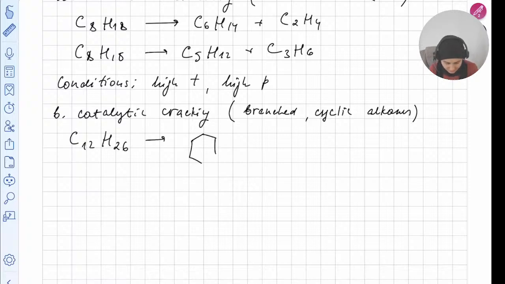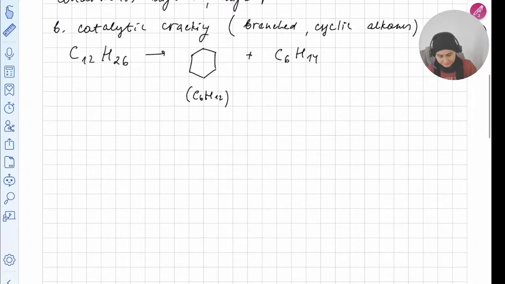Cyclohexane, it's C6H12. And then we would form C6H14. That's an alkane. Could be branched, could be straight chain. Doesn't matter. Of course, you're favoring the branched one. Is it balanced? 12 carbons and 26 hydrogens. Yes, pretty much balanced.